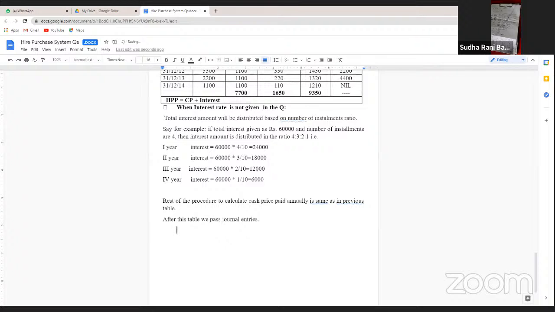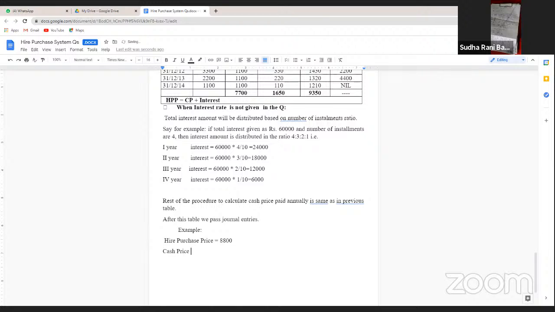Say for example, hire purchase price is given as 8,800. Cash price.